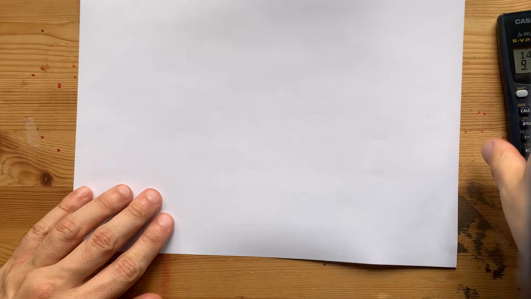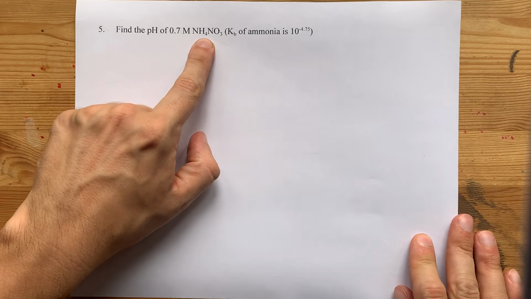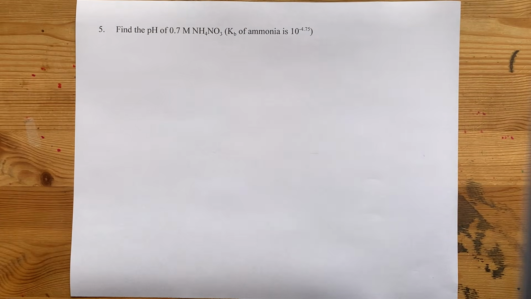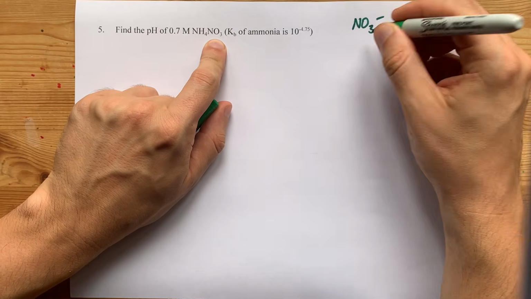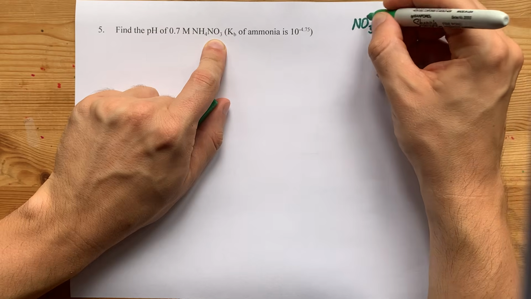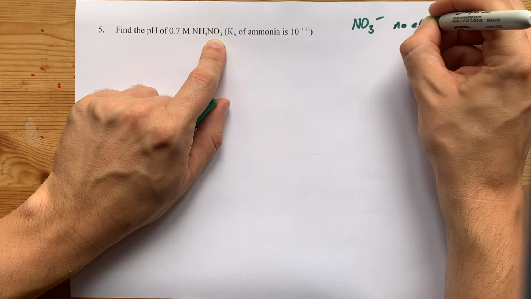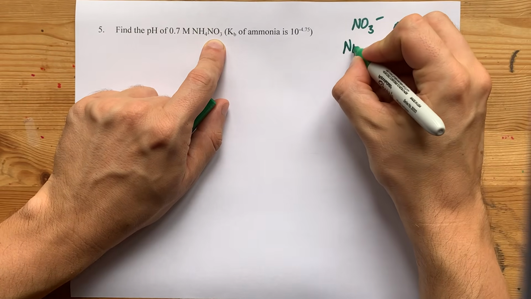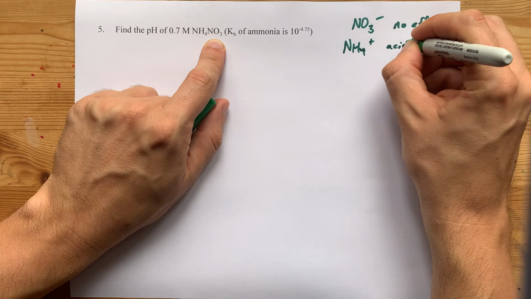Okay, my last pH calculation question has NH4NO3 dissolving in it. Now, we've already agreed that NO3 minus, as the conjugate base of a strong acid, HNO3, has no effect. But NH4 plus is weakly acidic.